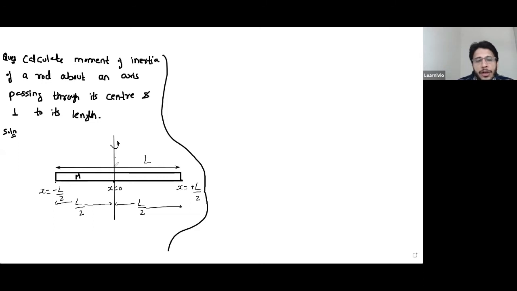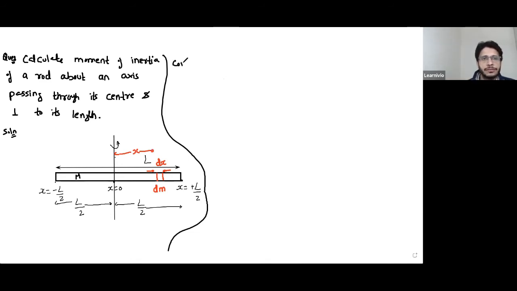So to calculate moment of inertia in this case, take a small element. A small element of length dx and mass dm. And the separation of this small element from the center of the rod, or from the axis, is x.